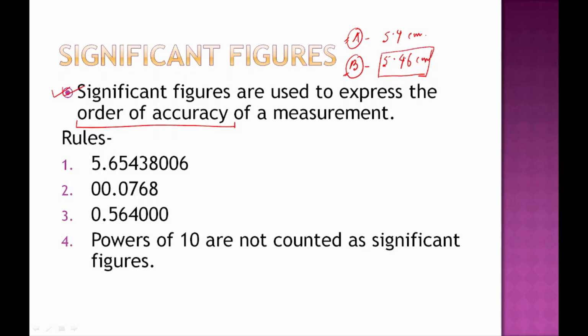Out of A and B, we can clearly see that B is more accurate. Why is it more accurate? Because there are two digits after the decimal point. The standard way of saying this is that in A there are only two significant figures, and in B there are three significant figures. So A is less accurate than B, which has three significant figures.